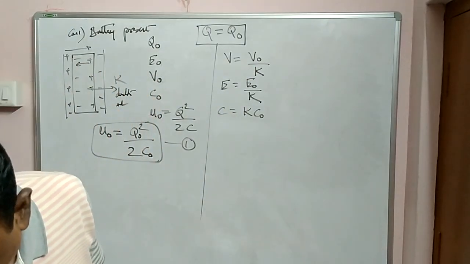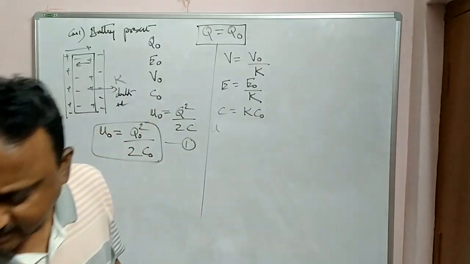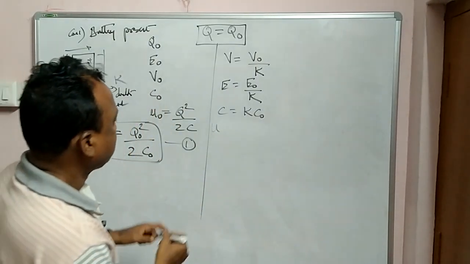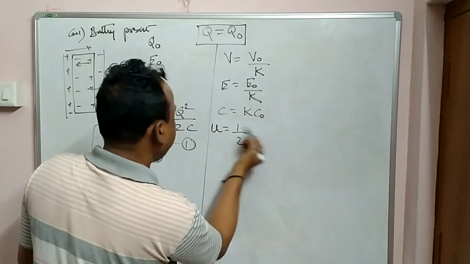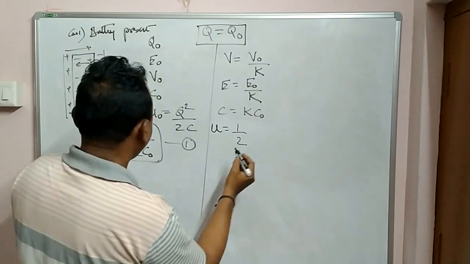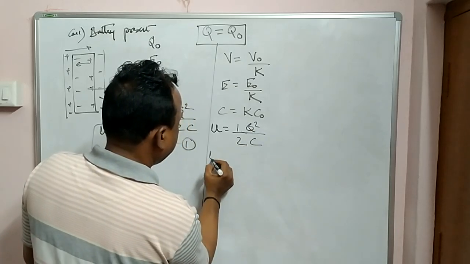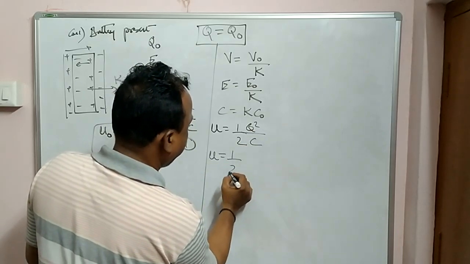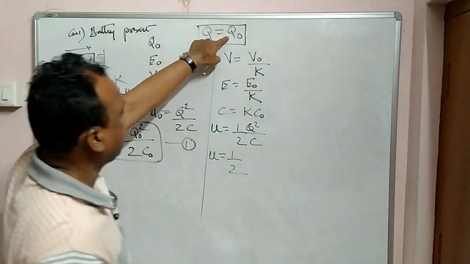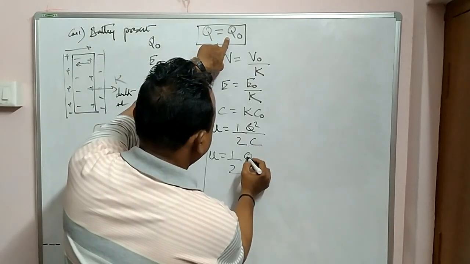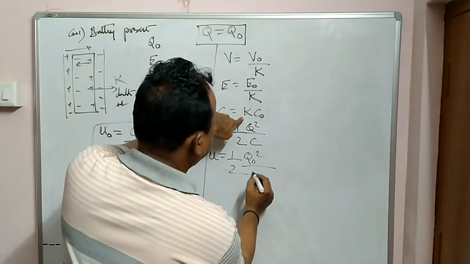Now let us calculate what happens to the new energy when the battery is removed. So the energy is, using the formula, originally half CV square, or the same formula we will use, Q square by 2C. So energy is Q square by 2C, where Q remains the same and C is K times.